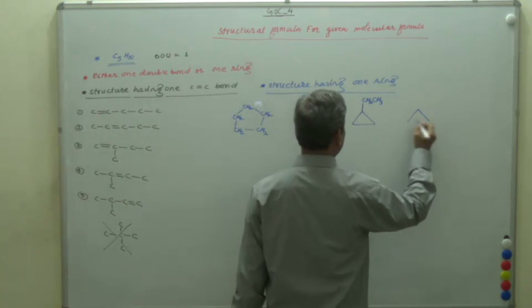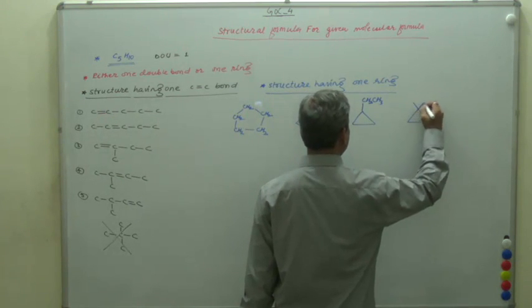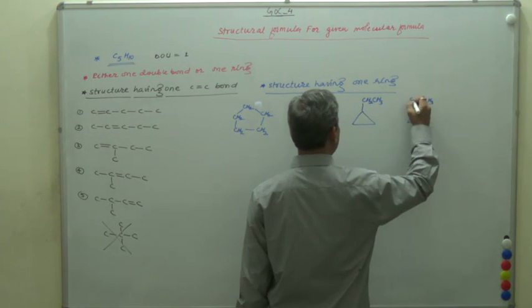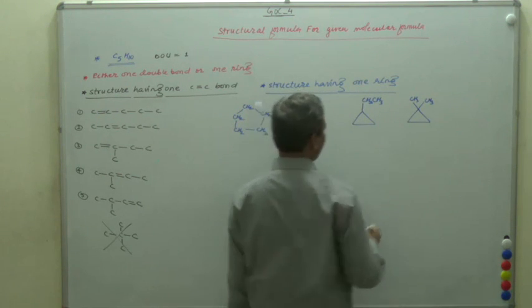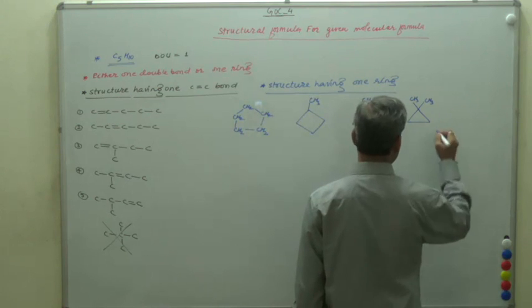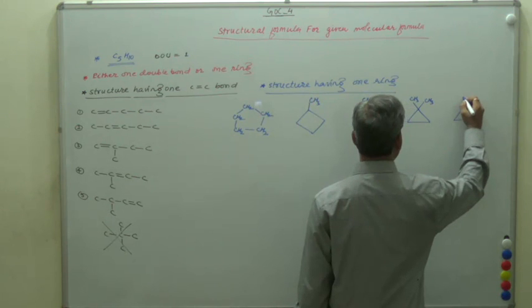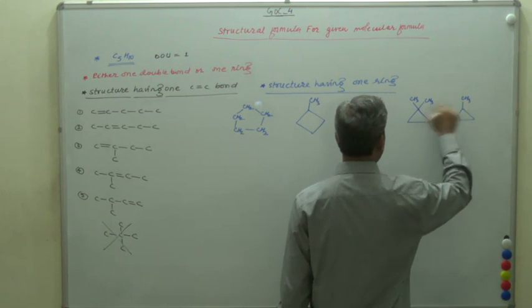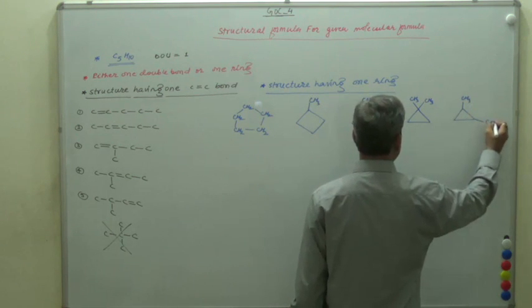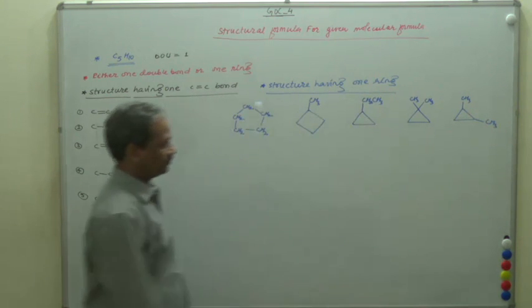In the next case, we can place 2 side chains, each having 1 carbon atom. So this is the first possibility, and this is the second possibility.